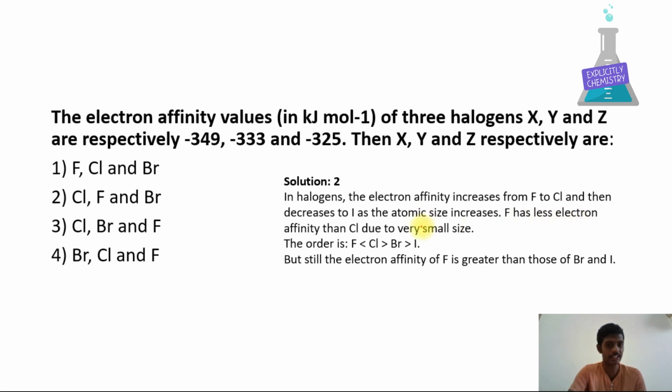Fluorine has less electron affinity than chlorine due to the very small size of fluorine. Hence, the order will be fluorine is less than chlorine, chlorine is greater than bromine, and bromine is greater than iodine. But still, the electron affinity of fluorine is greater than bromine and iodine. So option 2 is the correct answer: chlorine is greater than fluorine and bromine.